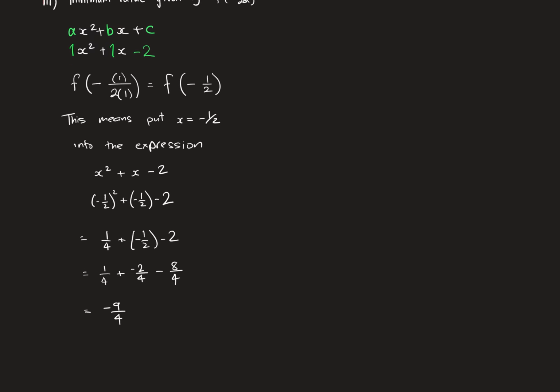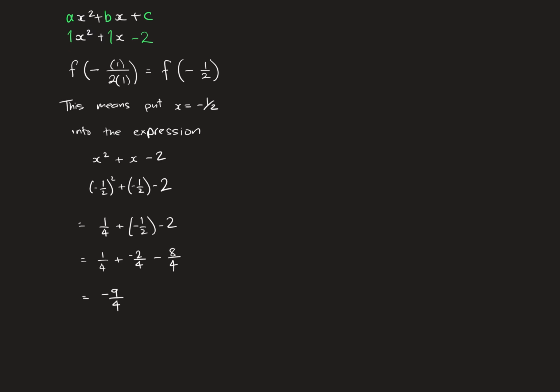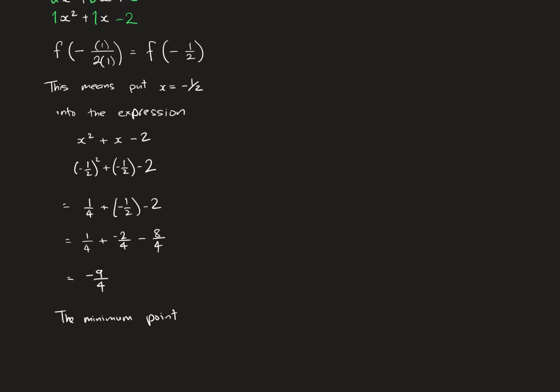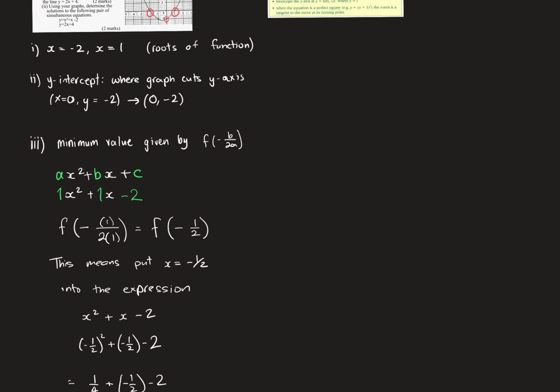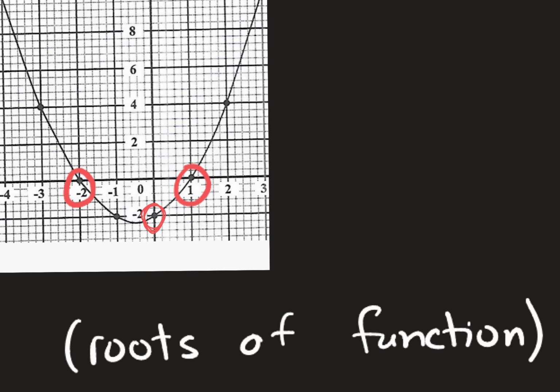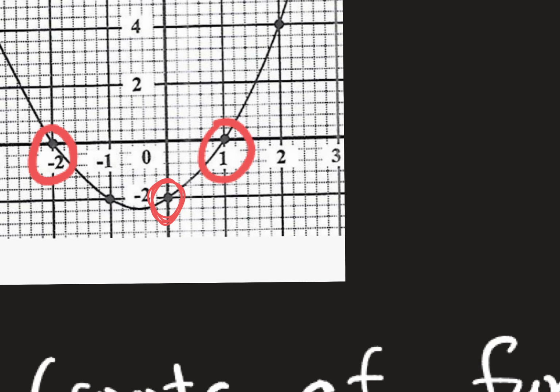So what does this mean? The minimum point is at x equal to minus half and y equal to minus 9 over 4. And we can look at the graph here. What do we see?